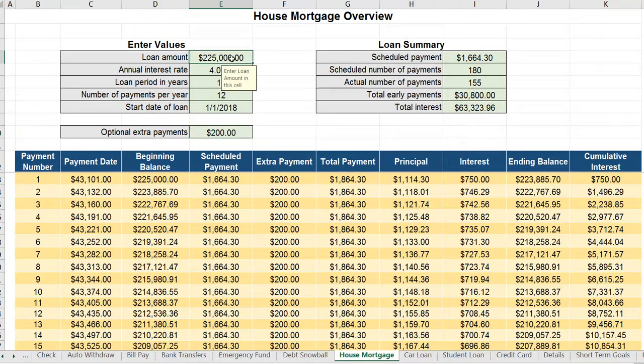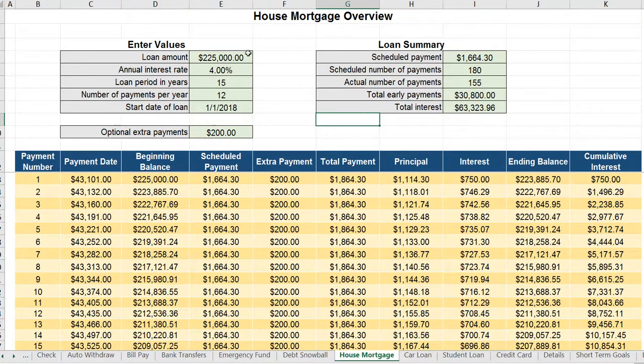Recognize the actual cost of your loan is $225,000 plus $63,000, so you're actually paying about $288,000 for the house. So understand the actual cost of the interest, and then recognize the benefit of paying an extra $200 a month, and how much that will save you in interest.